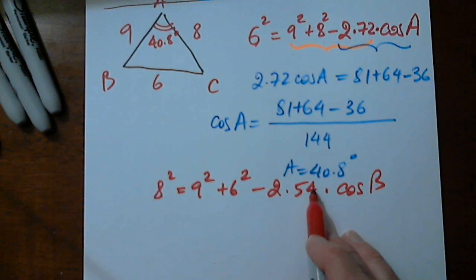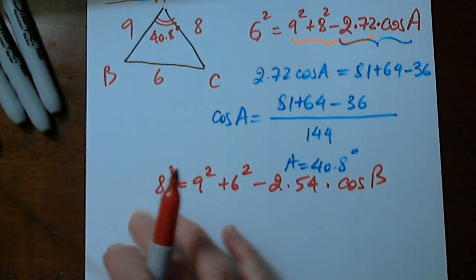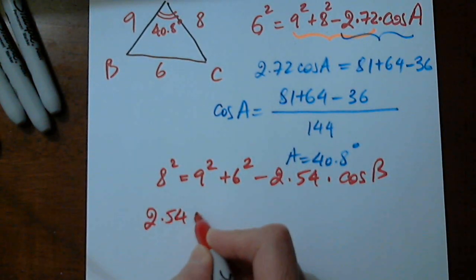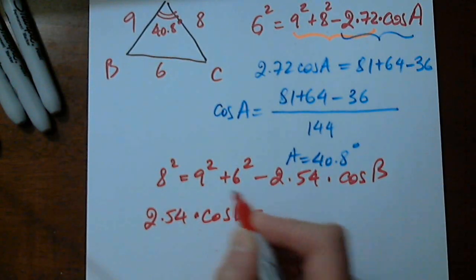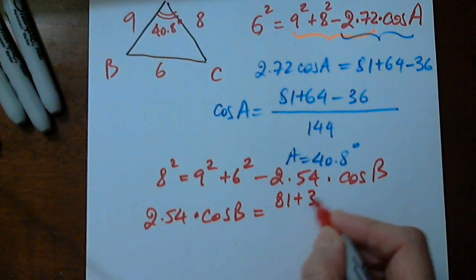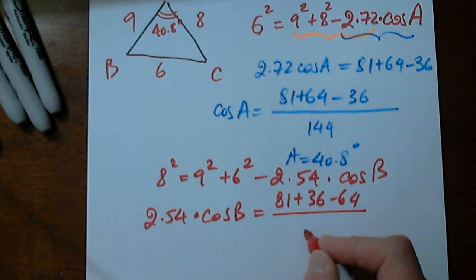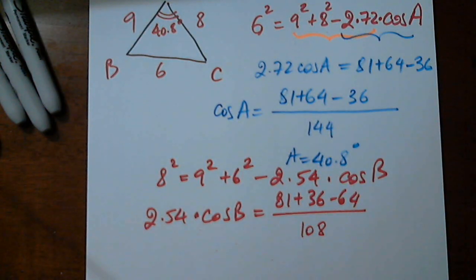It would be a terrible mistake. Move this term to this side and move 8 squared to the other. So 2 times 54 times cosine B equals 81 plus 36 minus 64. So 108. Since I started like that directly, I'm just going to erase it from here.